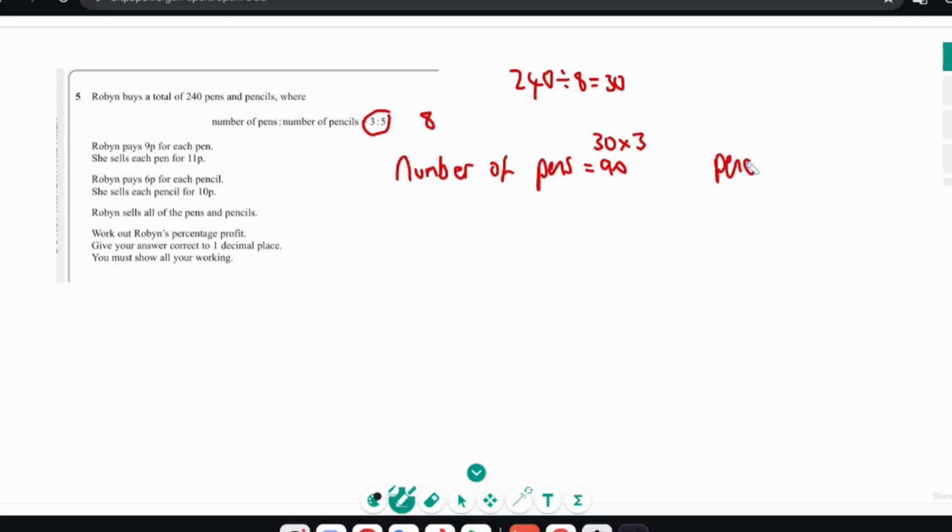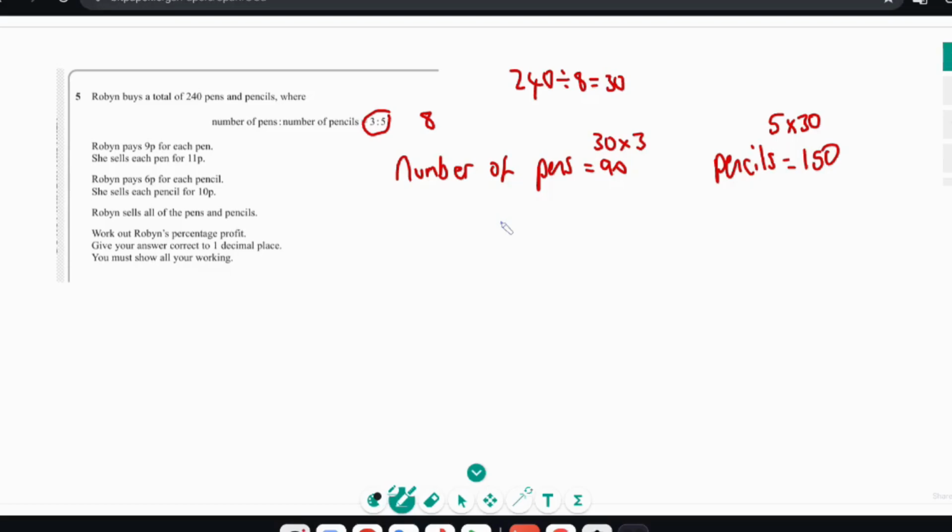Number of pencils: 5 parts for your pencils, so 5 times 30, because each part is worth 30, is 150. So we've got 150 pencils and 90 pens.